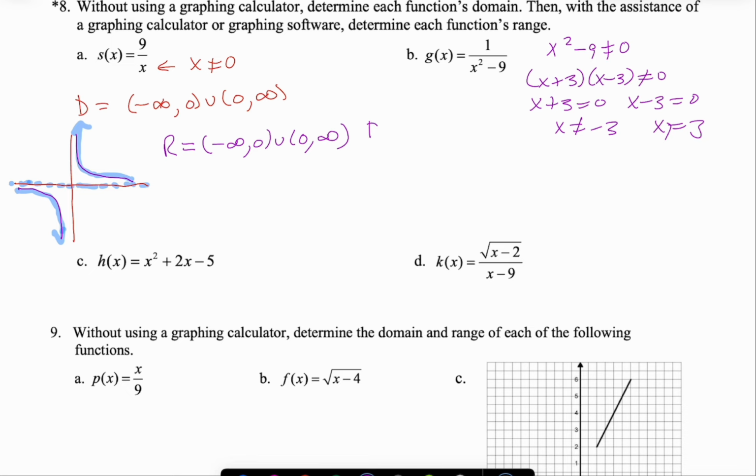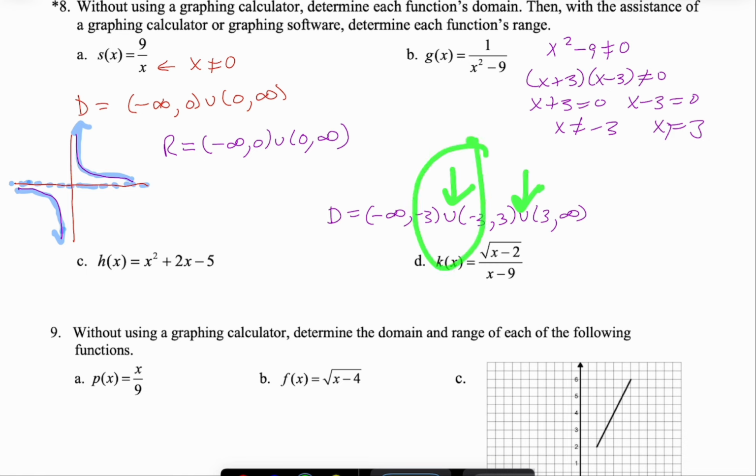So the domain here, we're going to skip over negative 3. We're going to have a section between negative 3 and positive 3, and then we're going to skip over positive 3. Okay, that's how we would write it. The parenthesis means we are almost to that value, but not quite.